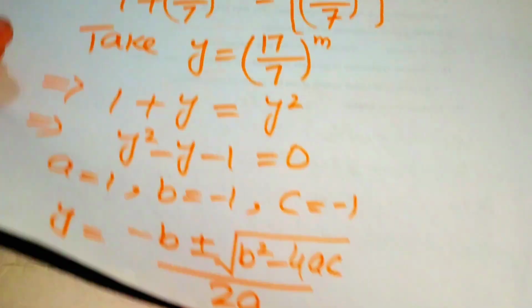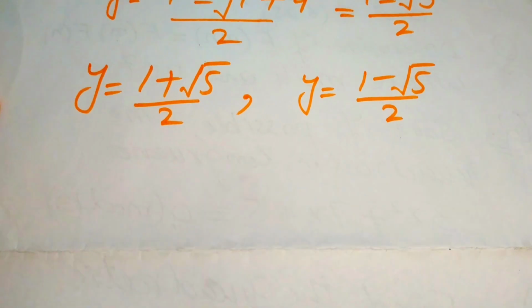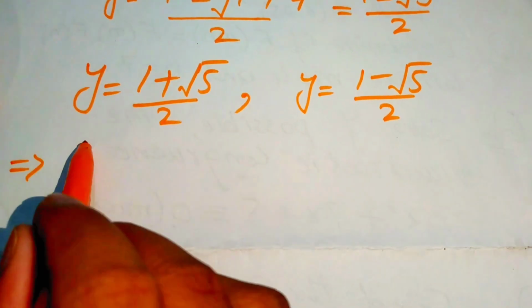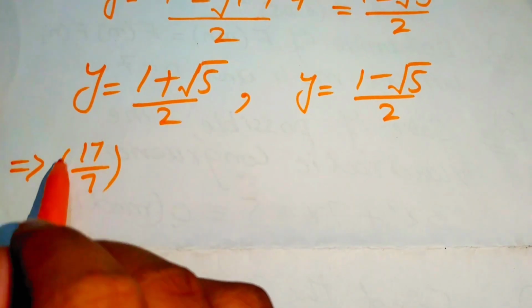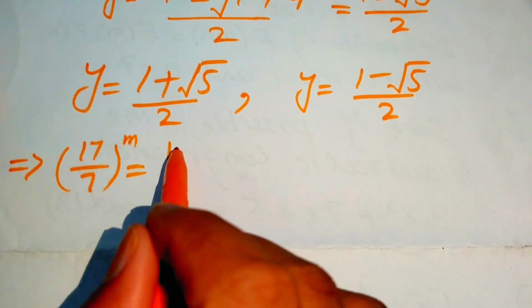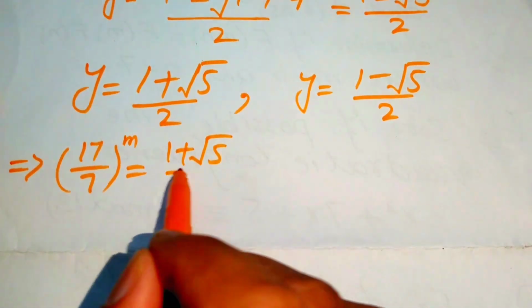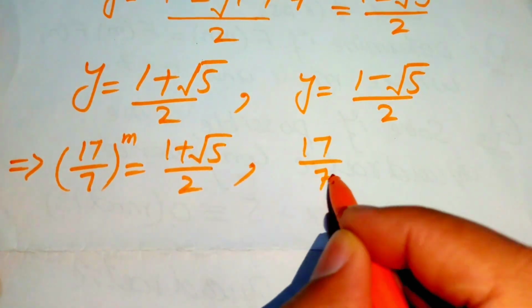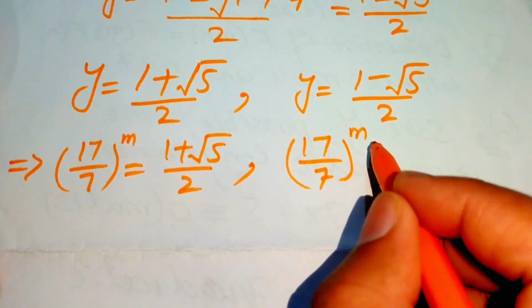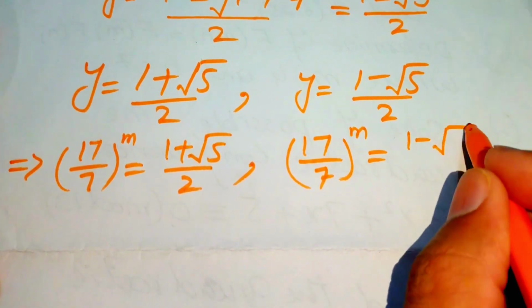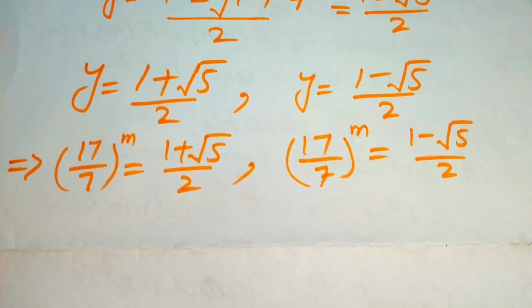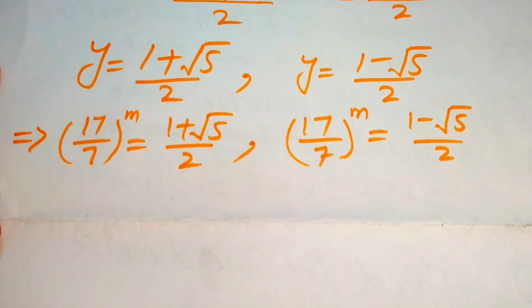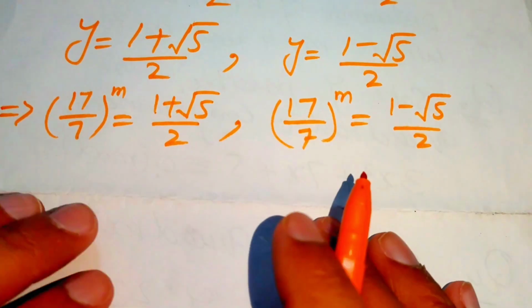So we substitute this value here and we write it as 17 over 7 and its whole power m equals to 1 plus square root of 5 over 2. Similarly, in this case we have 17 over 7 and its whole power m equals to 1 minus square root of 5 over 2.